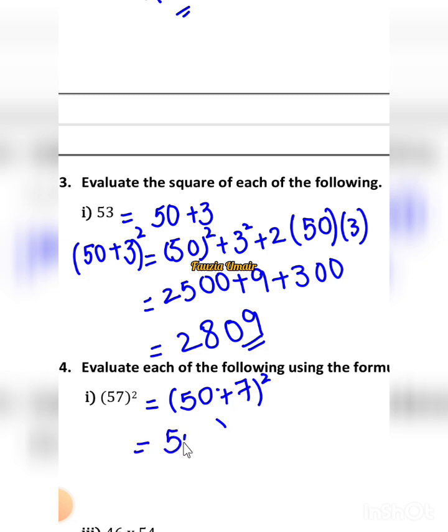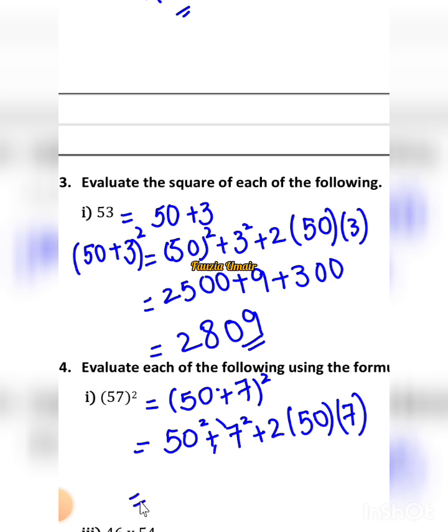The formula is a square plus b square plus 2ab, so 50 square plus 7 square plus 2 into 50 into 7, because a was 50 and b was 7. So 50 square is 2500.